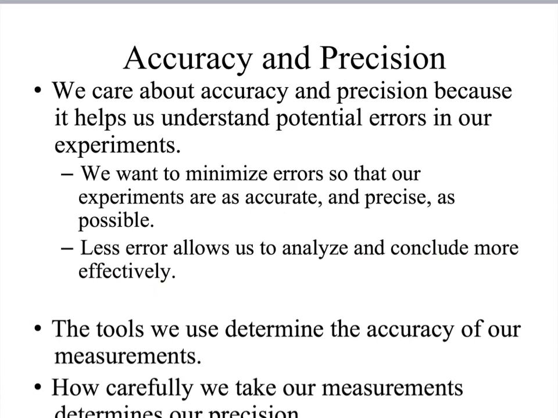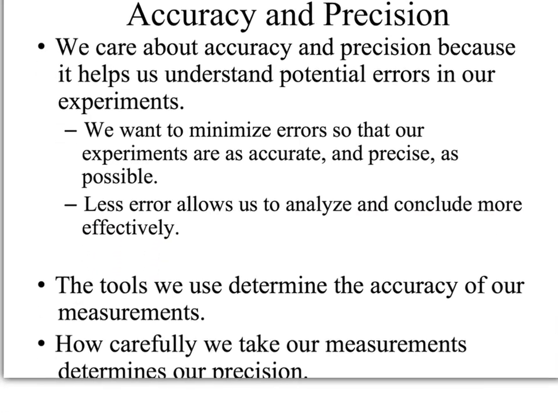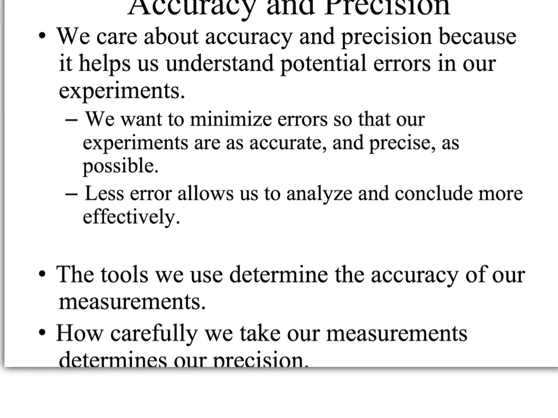Now we can also look at things this way. Okay, I'm going to move this up a little so we can see it. The tools we use determine the accuracy of our measurements. So if we think about the example, group A, they had 8.3, 8.4, 8.6. They were very precise. Probably there was a tool or some sort of systematic or regular error in their experiment that kept them from being accurate.